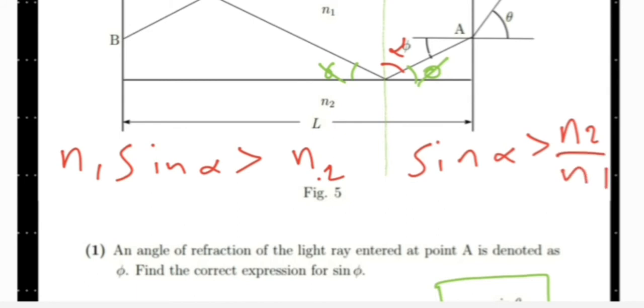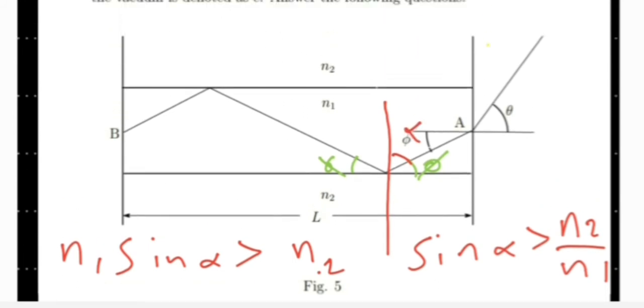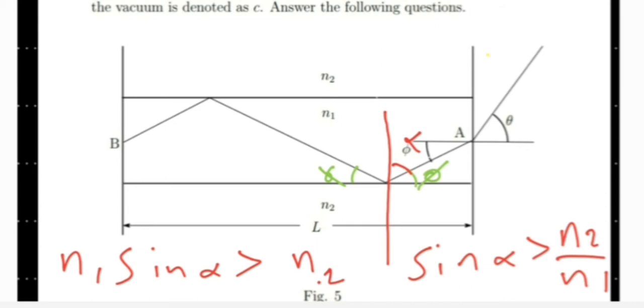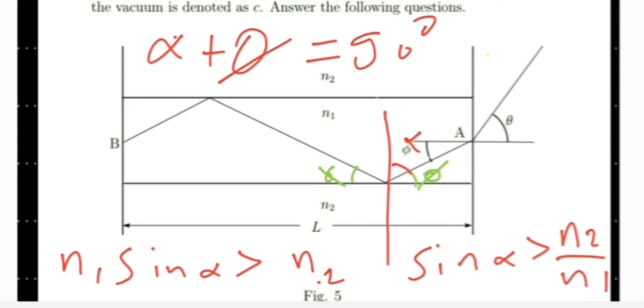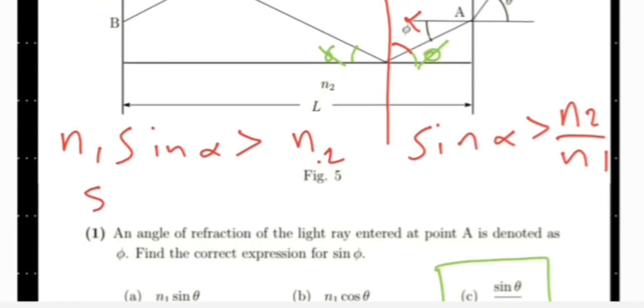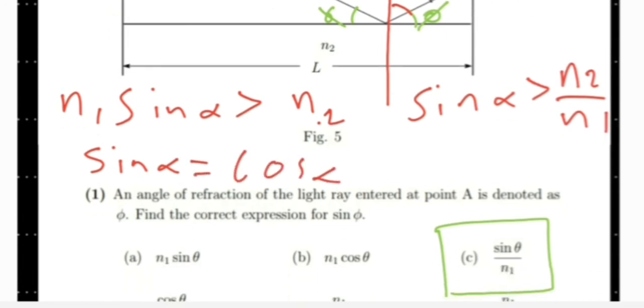But he did not give us alpha. He wants it in terms of this angle over here, right? This one, phi. So what is the relation between alpha and this angle? They are complementary, right? Alpha plus phi is equal to 90 degrees. When this happens, from trigonometry, sine of alpha is equal to cosine of phi, okay?